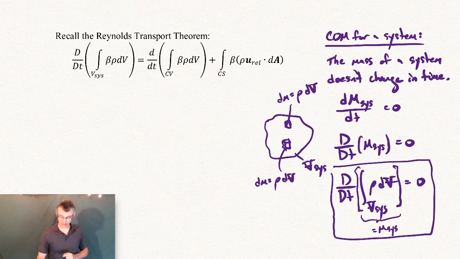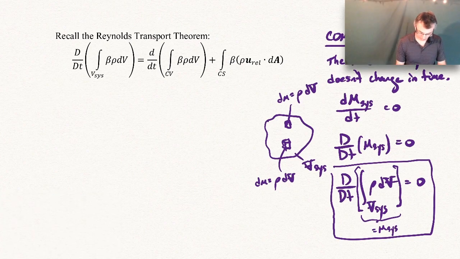If you look at that for a moment, it looks very similar to the left-hand side of the Reynolds transport theorem. In fact, if the quantity we're interested in is mass, so B, our transportable quantity, is mass, then beta is B per unit mass, or mass per mass, so it would just be equal to 1. So the left-hand side would be d/dt of the integral over the volume of the system of rho dV.